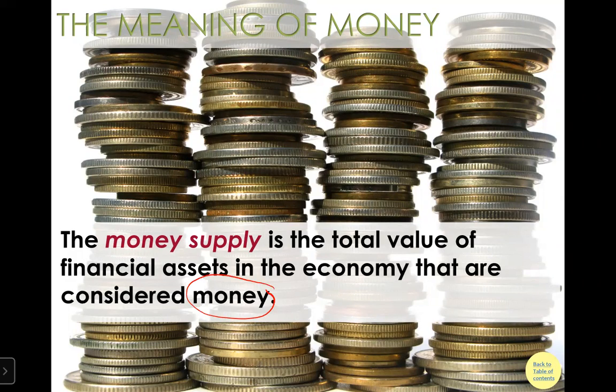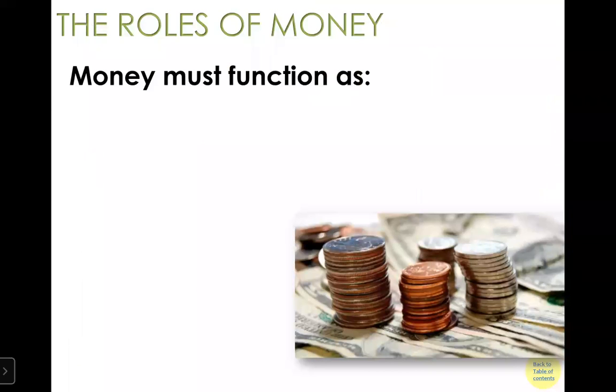But regardless of how we define the money supply, fundamentally we need to understand what is money, right? We do have a definition. In the following slides, I'm going to explain in detail what kind of assets can be considered as money, or what functions the assets must satisfy to be considered as money.